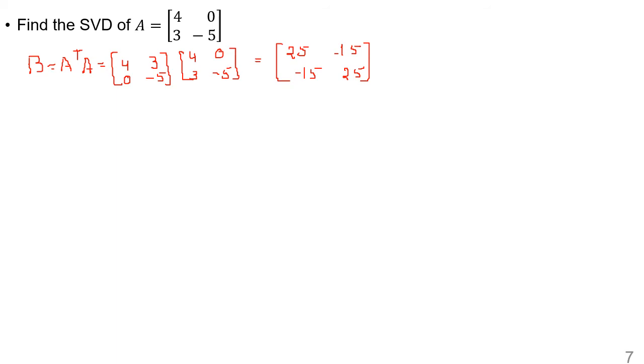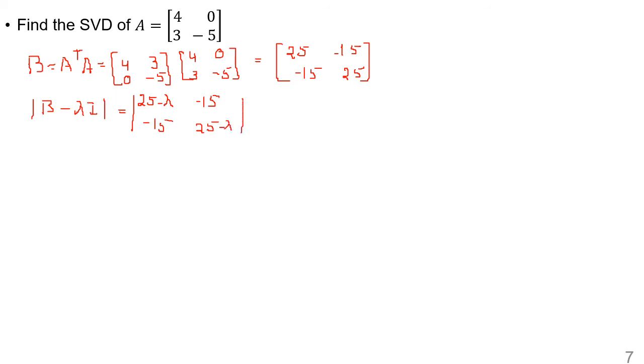We need to find the eigenvalues of B. So we have to get the characteristic polynomial, determinant of B minus lambda I. That gives us 25 minus lambda, minus 15, minus 15, 25 minus lambda.